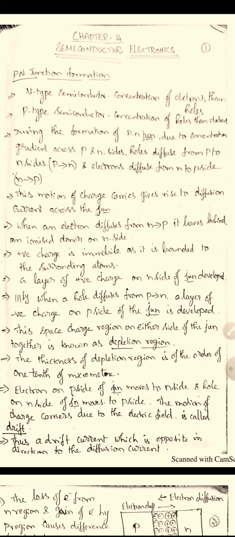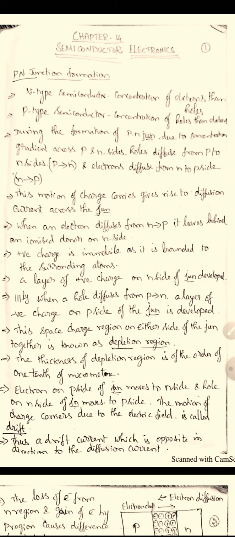due to this difference in concentration of electrons and holes, the carriers diffuse: holes diffuse from the p to the n side, and electrons diffuse from the n to the p side. Because the p-type semiconductor has holes, the holes diffuse from p to n side, and electrons diffuse from n to p.